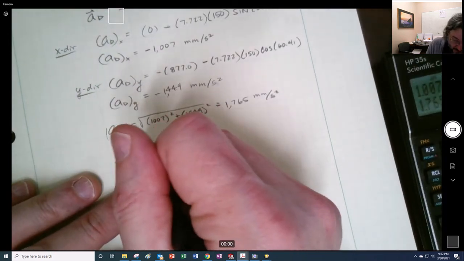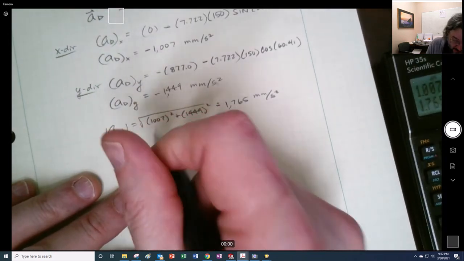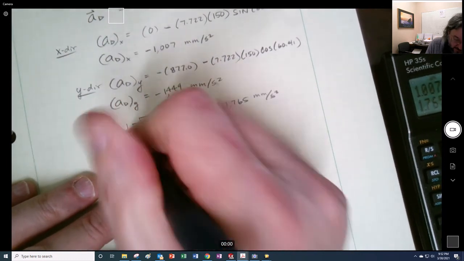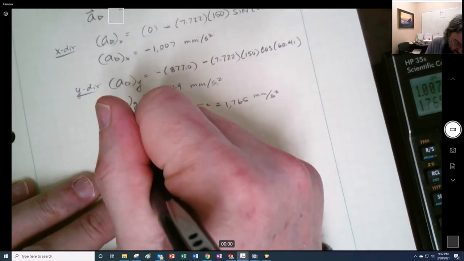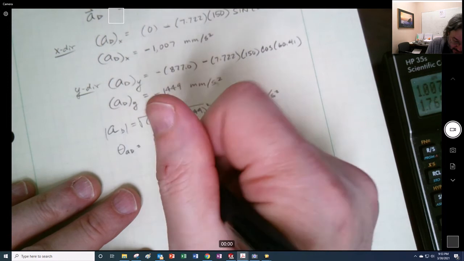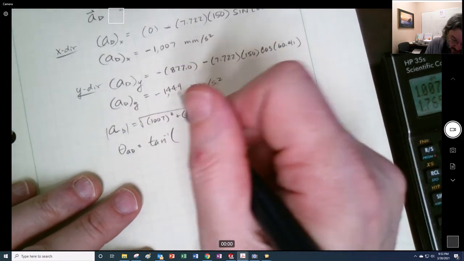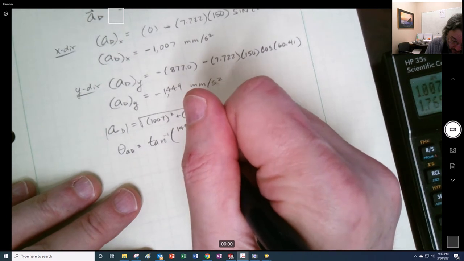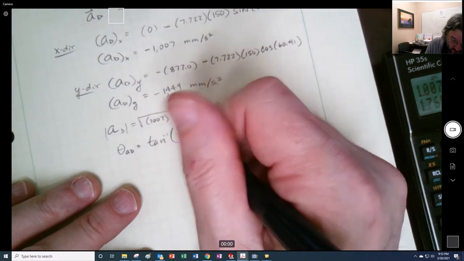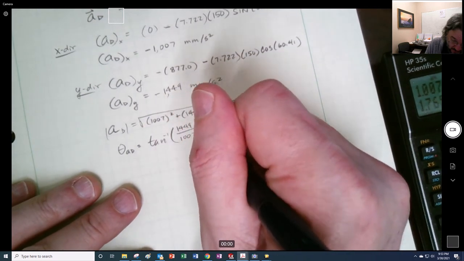And the theta of the acceleration of D, sometimes I write it out this way right there, is going to be the inverse tan of rise over run, or 1449 over 1007.